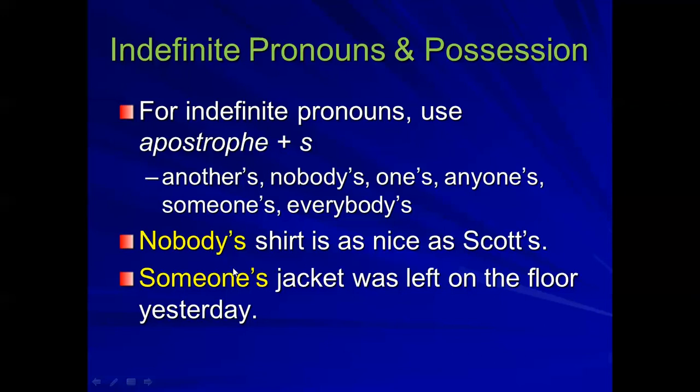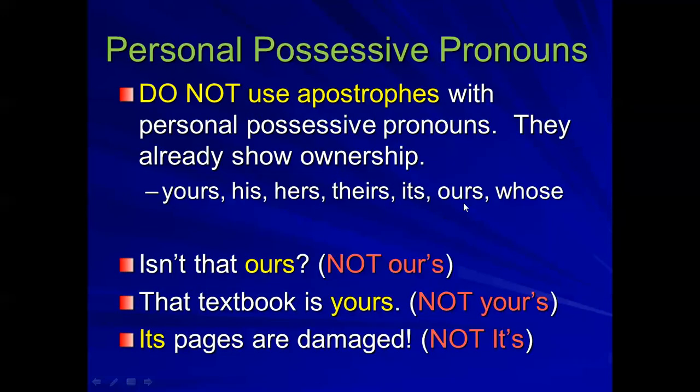Another common mistake to keep in mind and try to avoid involves what are called personal possessive pronouns. So yours, his, hers, theirs, its, ours, or whose. These do not take apostrophes. So you would say, isn't that ours?